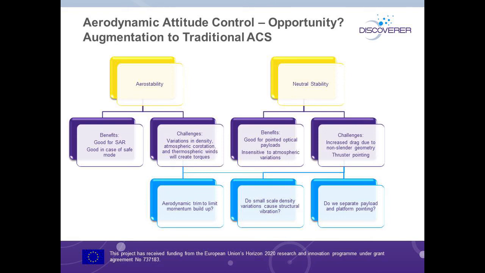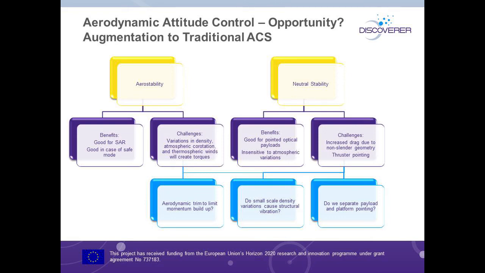So two concepts here, one of which is having an aerostable platform like GOCE, which of course is good for things like synthetic aperture radar, with some caveats though. One of the caveats there is atmospheric co-rotation.